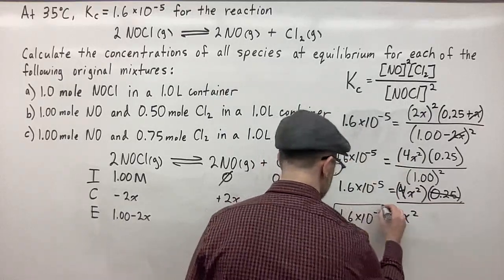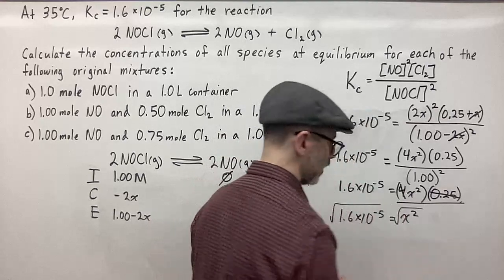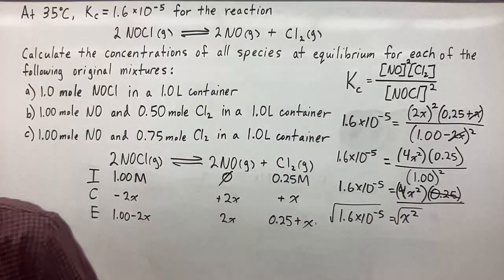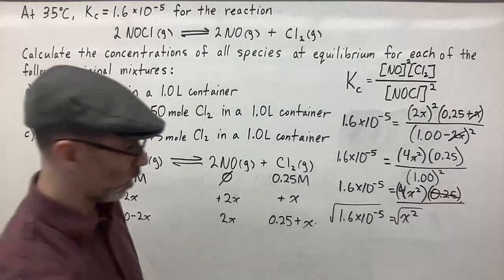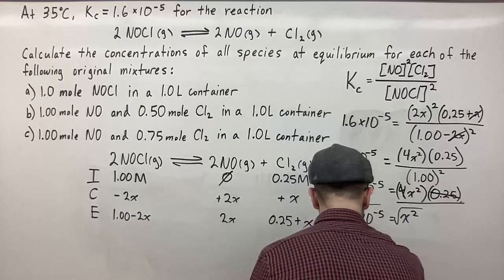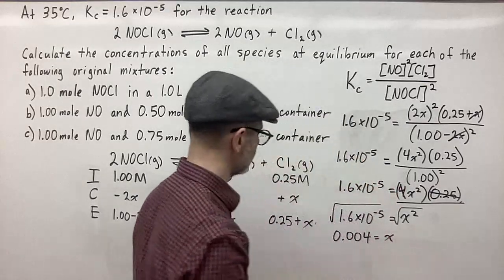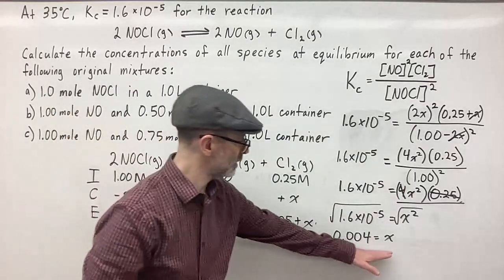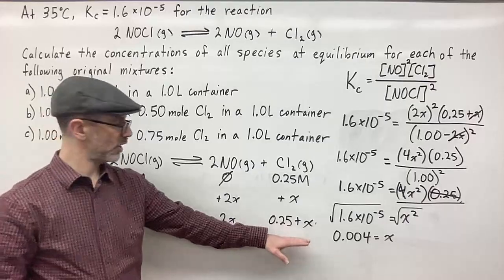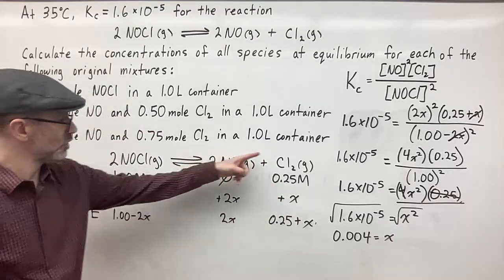And then all you have to do is take the square root, and then you get 0.004. So 0.004 is equal to x. So now we can plug x back into our equilibrium expressions for these different species here.